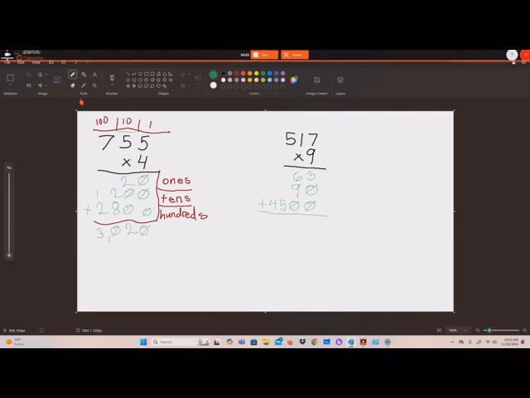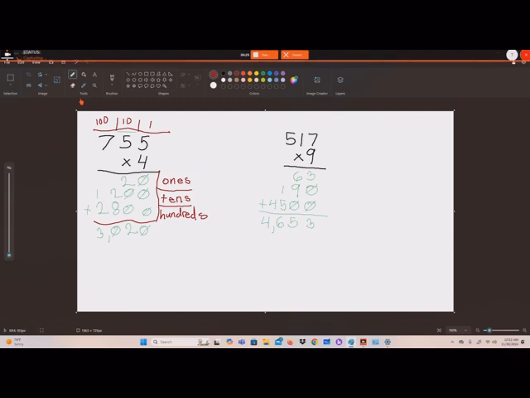Okay, so now we add. 3. 9 tens plus 6 tens is 15 tens. 100 plus 500 is 600, and 4,000. So the product's 4,653. Let me show you.